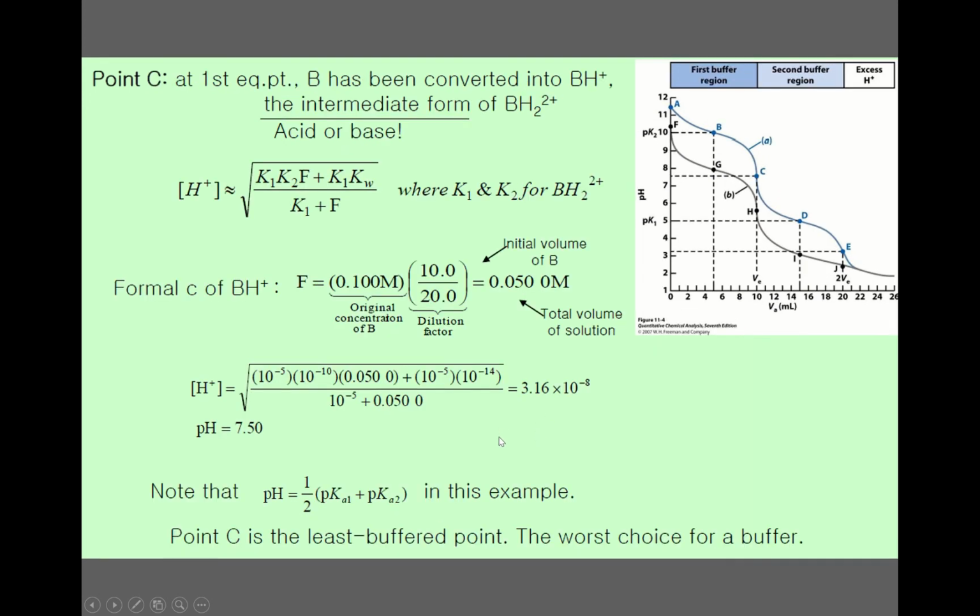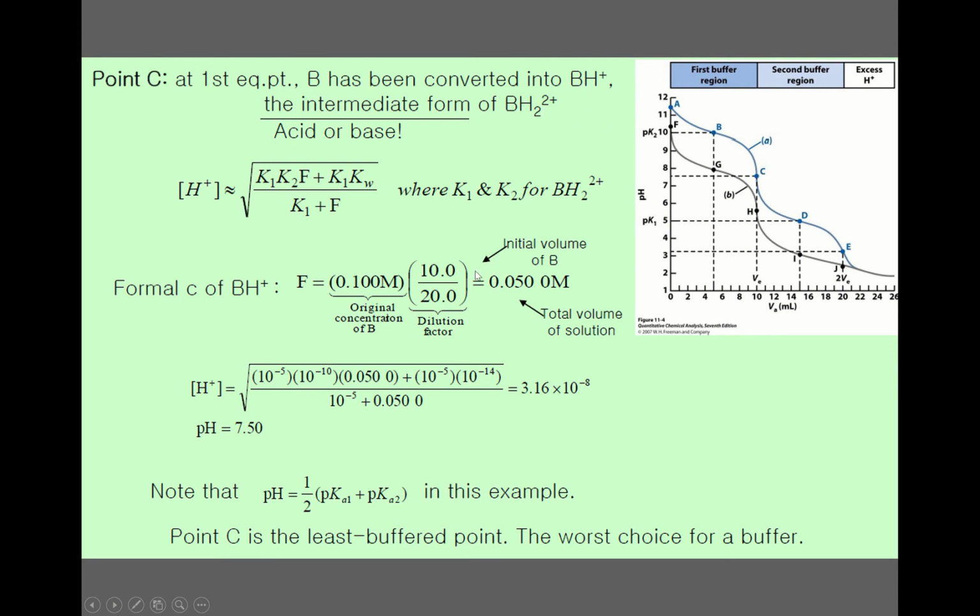And let's calculate the pH at point C here. This is the first equivalence point. At this point the species is only BH+. This BH+ is the intermediate form, in between B and BH2 2+.